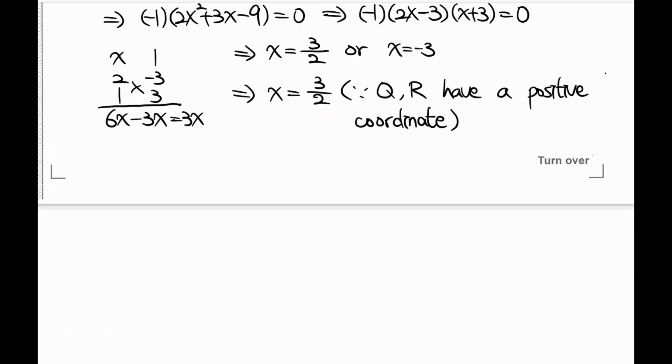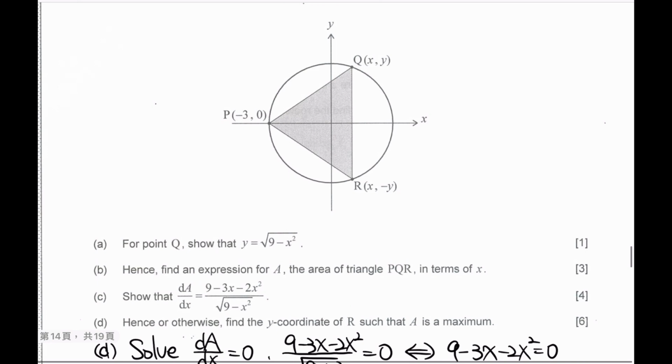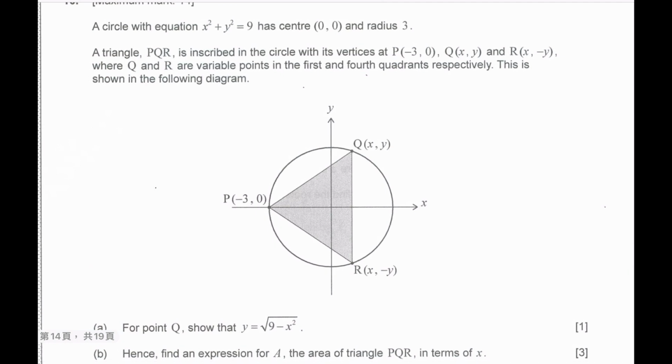Now we want to check that 3 over 2 is a maximum. Recall that the maximum only happens at critical points or the boundary points. So here x actually has a range, because Q and R are the points in the first and the fourth quadrants.